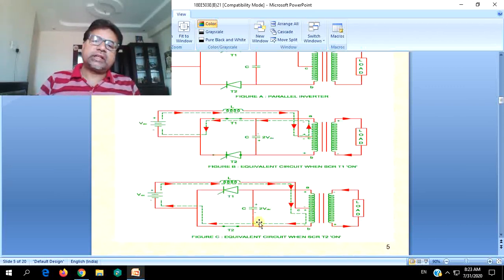Now the capacitor gets charged in the reverse of the first mode or first interval, where now A will become positive, B will become negative, or the lower plate of the capacitor becomes negative, and eventually it will get charged to 2 VDC.